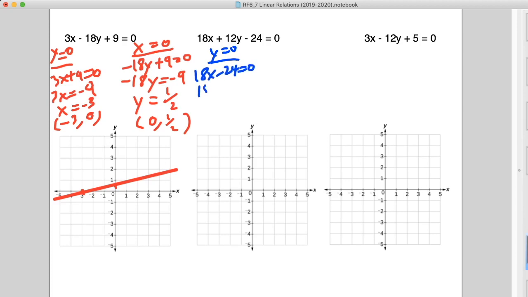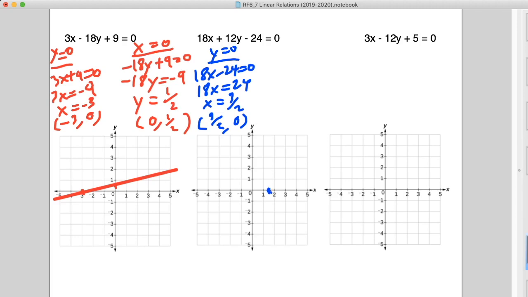I'm going to add 24 to both the left and the right side, and then divide both sides by 18. So 24 over 18, that can be reduced to 3 over 2. So I'll have a point at 3 over 2, 0. So 3 over 2 is 1.5. So we're going to go right here. We know we have our x-intercept right there.